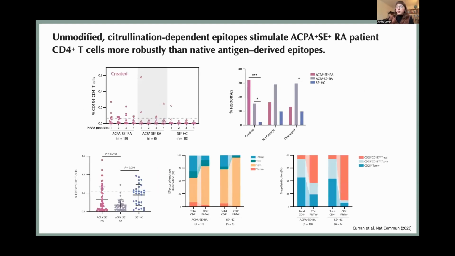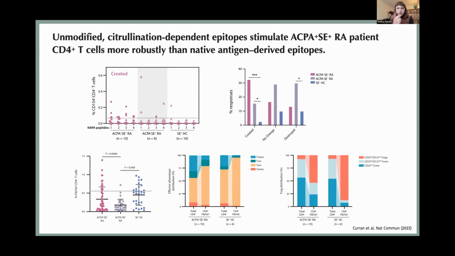And so we wanted then to look at whether this cryptic peptide repertoire really seems to be immunogenic in RA patients. And so we stimulated ACPA positive RA patients' CD4 T cells. ACPA positive patients are those that have these anti-citrullinated protein antibodies and anti-citrulline responses, and we compared them to patients either without anti-citrulline responses or healthy controls.